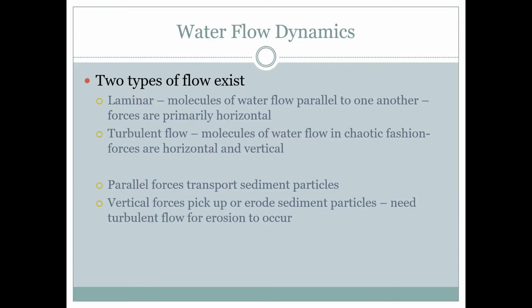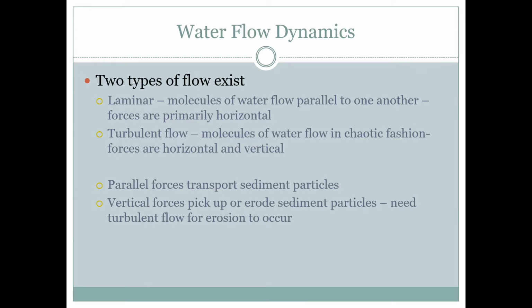All right, when we look at the flow of a river and we look at flow dynamics, typically there are two types of flow that exist, laminar and turbulent flow. Laminar flow is when the molecules of water are flowing parallel to one another and not a lot of friction between them, not a lot of bumping into one another, and the forces are primarily horizontal. Turbulent flow, however, is when the molecules of water follow a chaotic pattern.